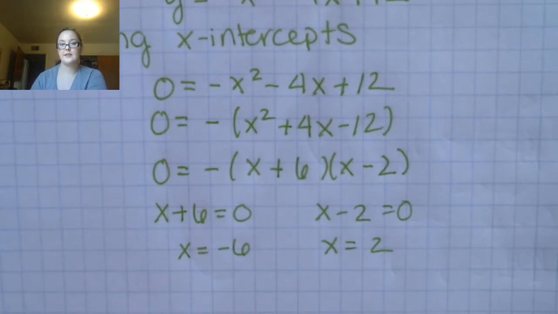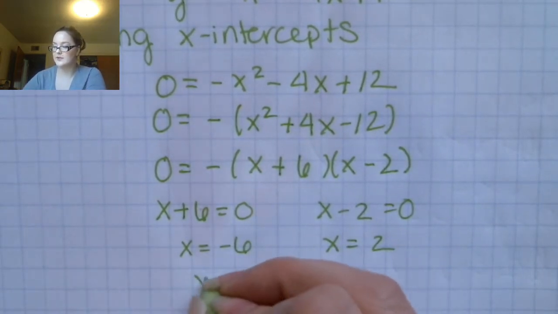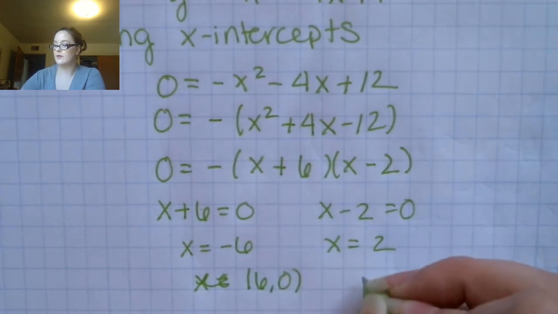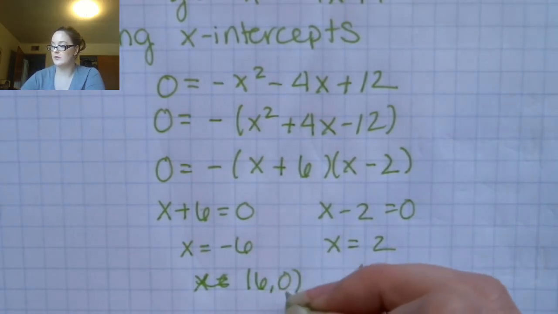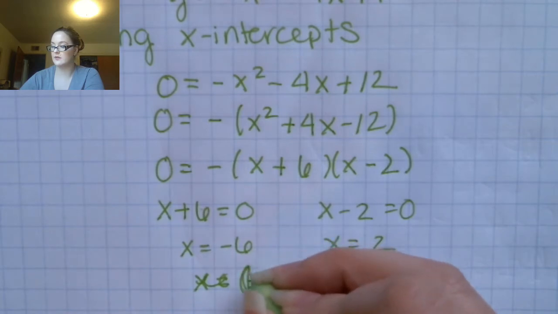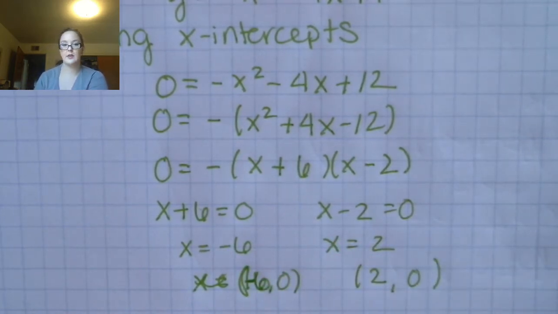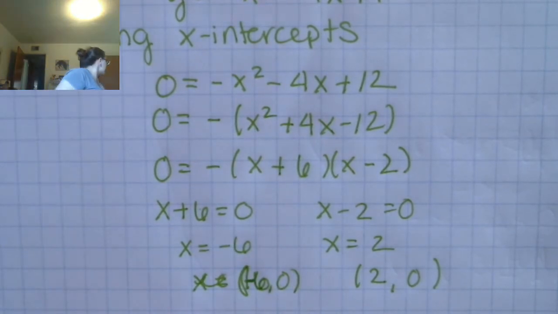Okay, and this gives me my two x-intercepts, -6, 0, and 2, 0. Okay. All right. So let's go ahead and start our graph.